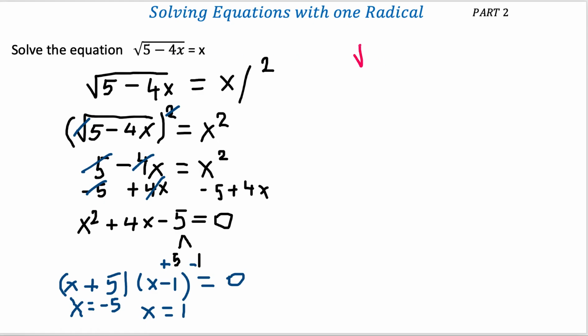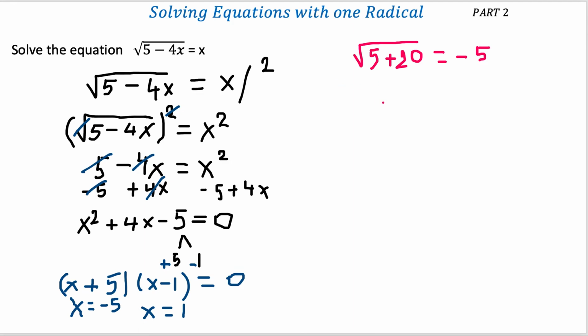First, x is equal to minus 5. Whenever it's x, we plug in minus 5. So here is a 5, and here we have a 4, but x is minus 5. Minus 4 times minus 5 is plus 20. And on the other side we already have x equal to minus 5.